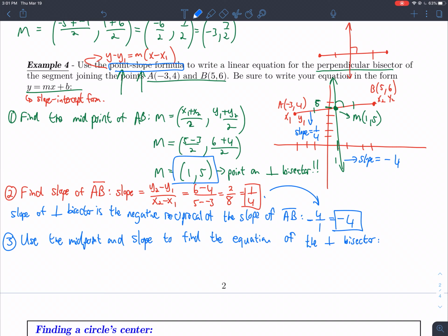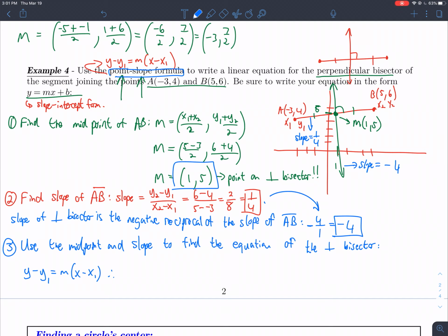Alright, so we do that. Here's point slope formula. Y minus y1 equals the slope times x minus x1. And we're going to plug stuff in. Now I have to choose an x1, y1 on the perpendicular bisector. Well, this is the only point I have on the perpendicular bisector here. So I'm going to call this my x1, y1.